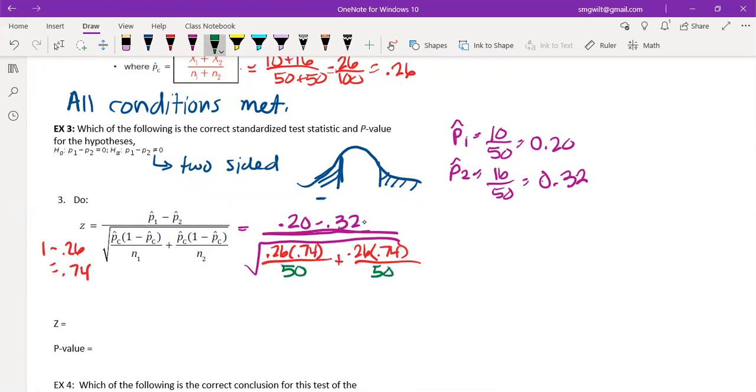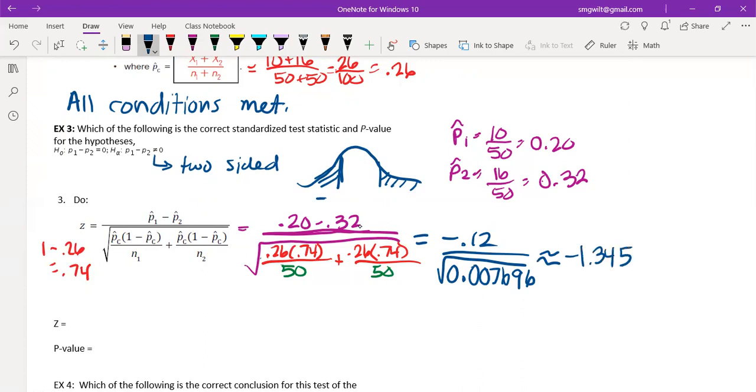So what you can do is just calculate that fraction, 0.26 times 0.74 divided by 50, and double that number. Either way, we're going to end up with negative 0.12 over the square root of 0.007696. And if I calculate that, I get negative 1.345.